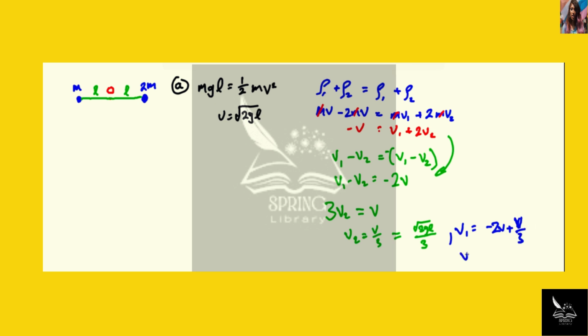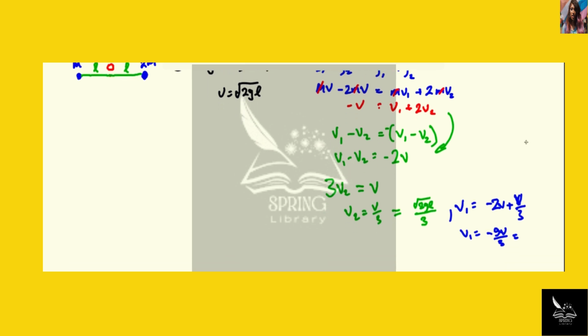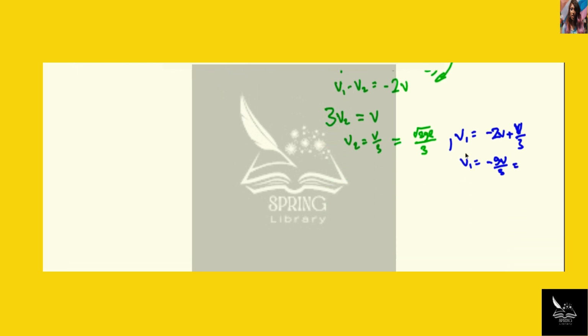And if we plug those in, we should end up with v1 being minus... Like so.